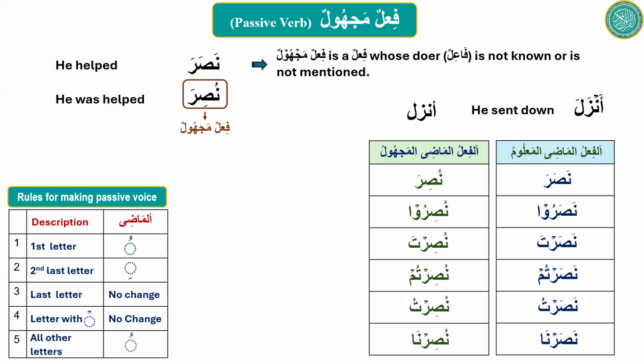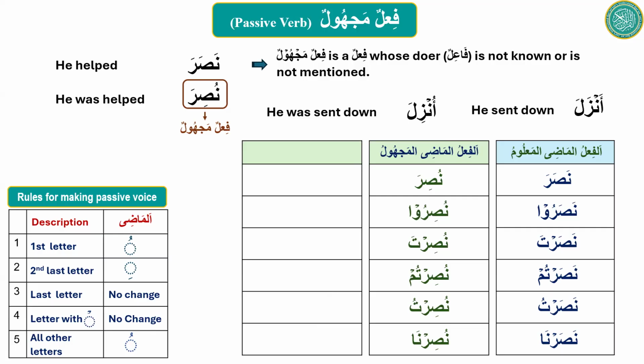The first letter will get a dhamma, the second last letter will get a kasra, the last letter doesn't change, and the letter with skoon will get a skoon, the jazm. Unzila. So unzila is passive voice. He was sent down.